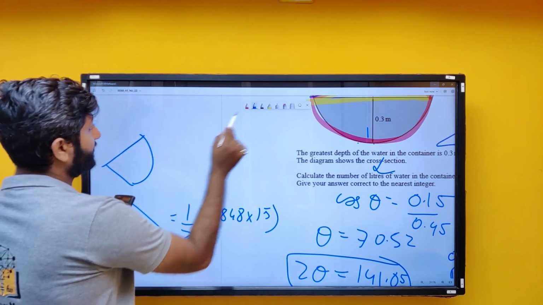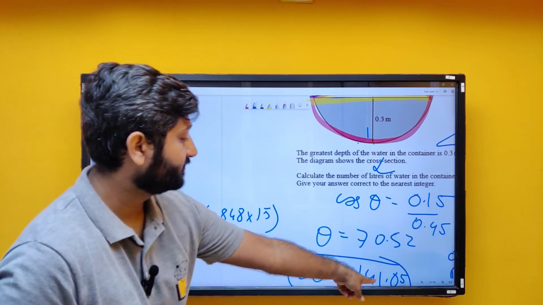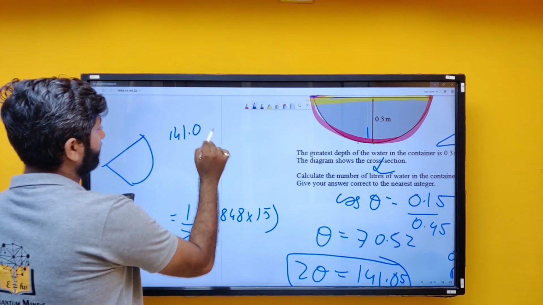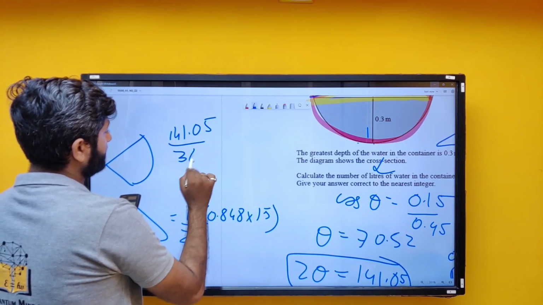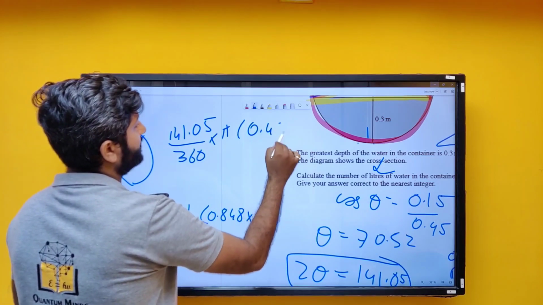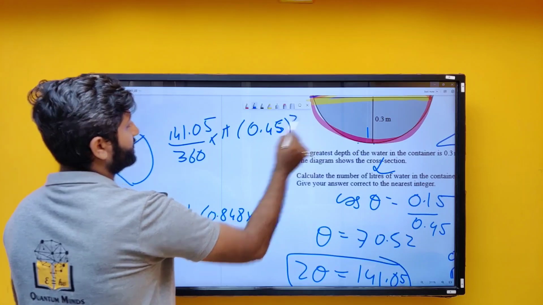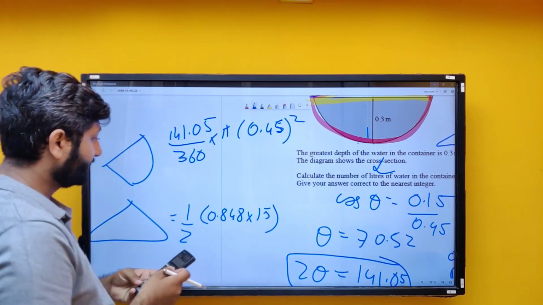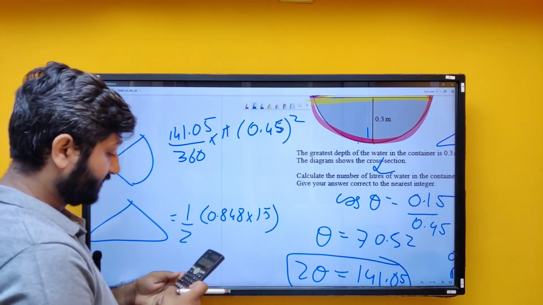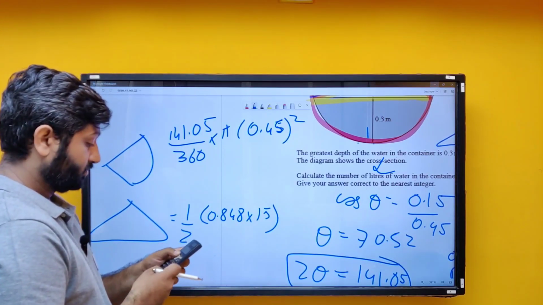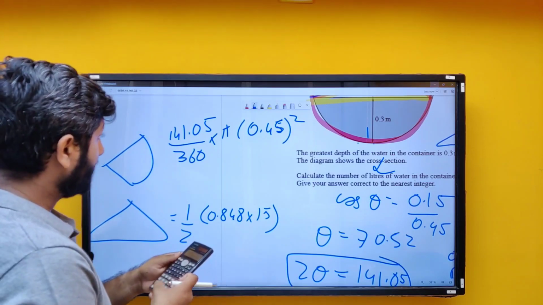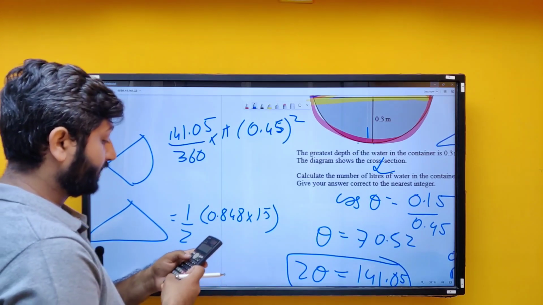And the sector area is theta upon 360. So theta is 141.05, so 141.05 upon 360 into pi into radius square. So 141.05 divided by 360 into pi into 0.45 square.